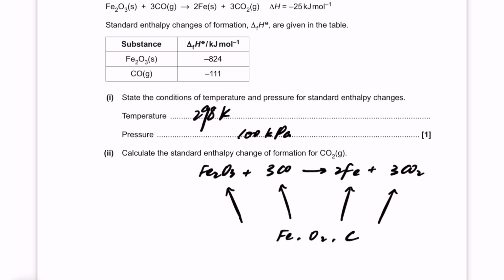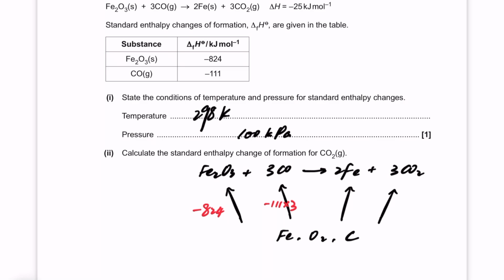And now is the time for us to label out the value for each of the arrows. For Fe2O3, the question told us it is minus 824. For carbon monoxide, the question told us it is minus 111, but I need to times it by 3 because I got 3 portions of carbon monoxide. For Fe in the product, we don't really have any value right there because it is the element itself.